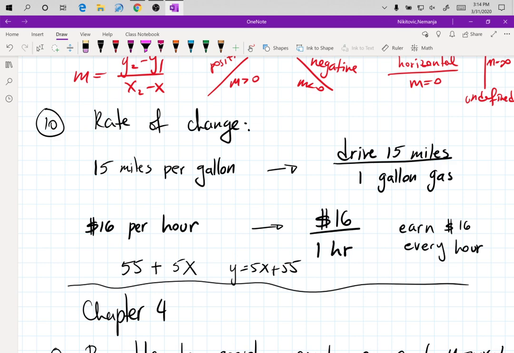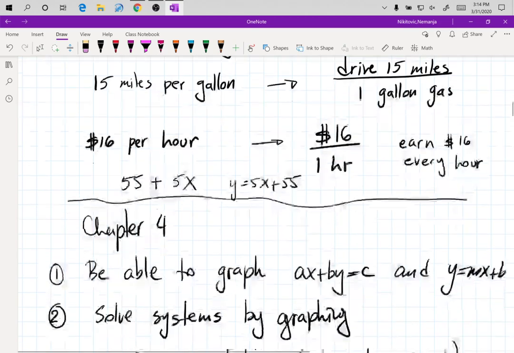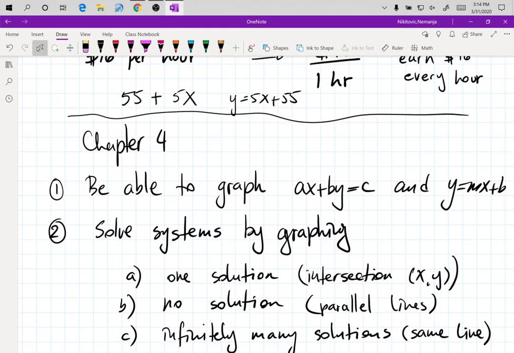All right. So this is algebra. Let's deal with chapter 4. Only a few concepts here.